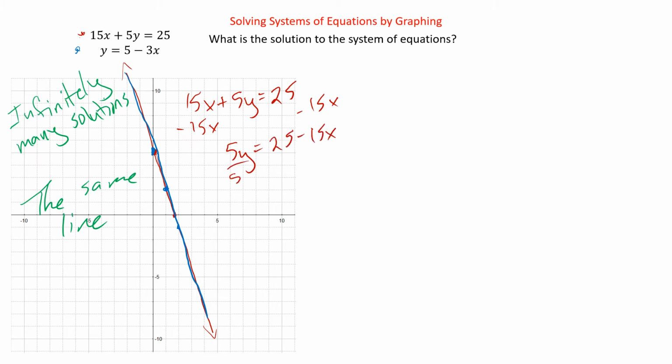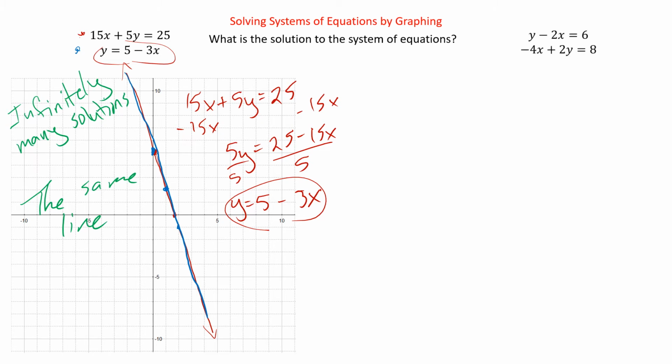Divide everything by 5. We get y equals 25 over 5 is 5, minus 15 over 5 is 3x, which is the same thing. So if the lines are the same, then you have infinitely many solutions because it's the same line and it graphs right on top of itself.